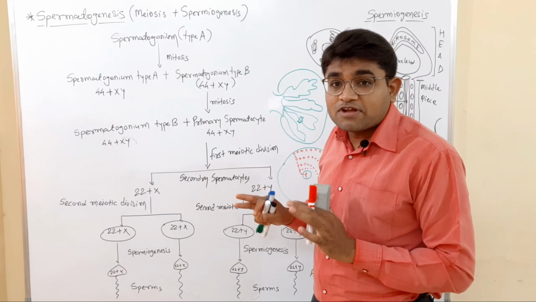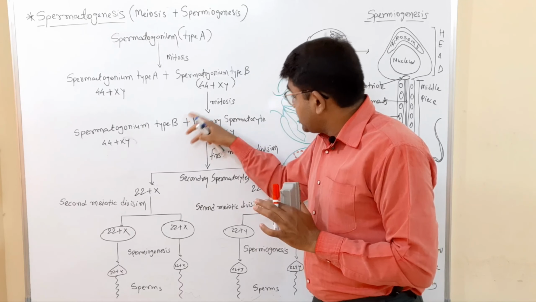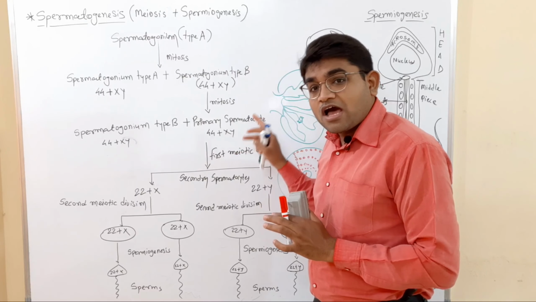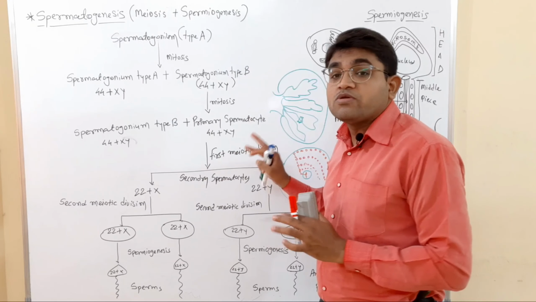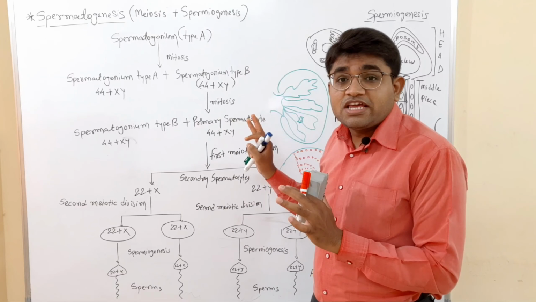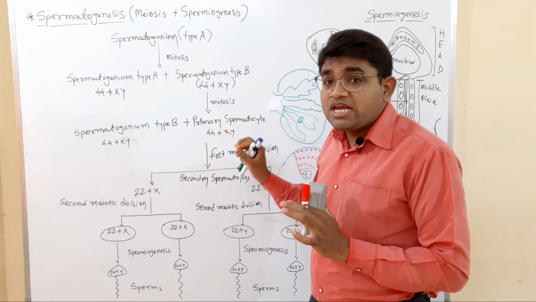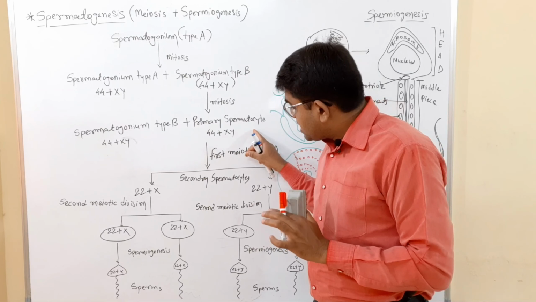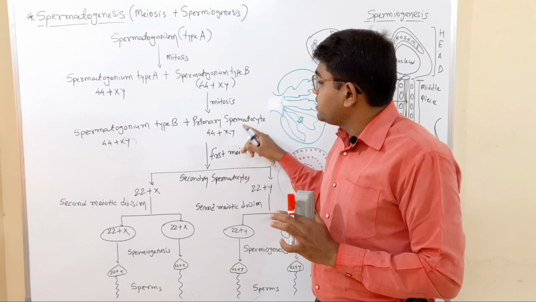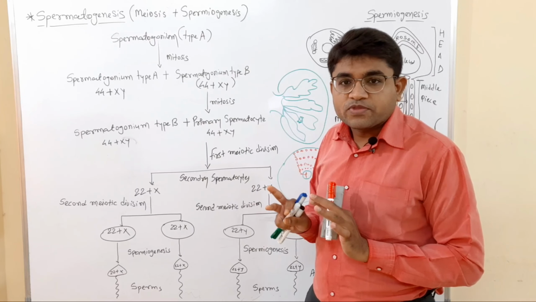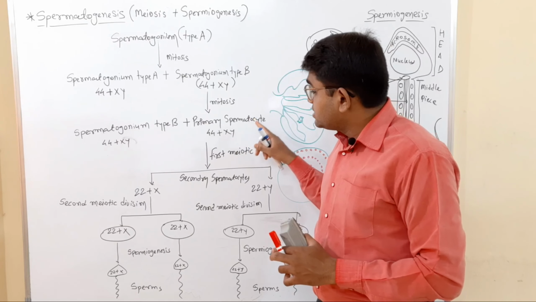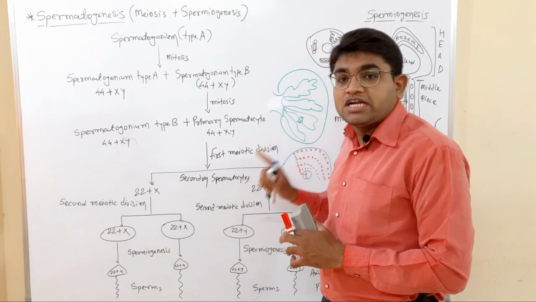But this cell, known as the primary spermatocyte, will now start its first meiotic division, and that's why we have termed it a primary spermatocyte.